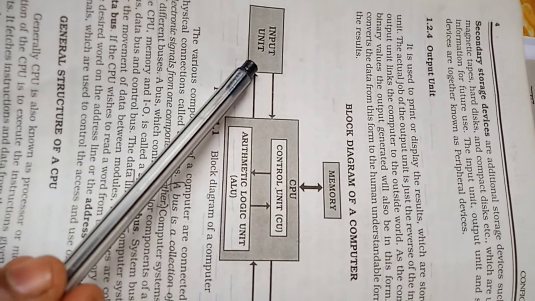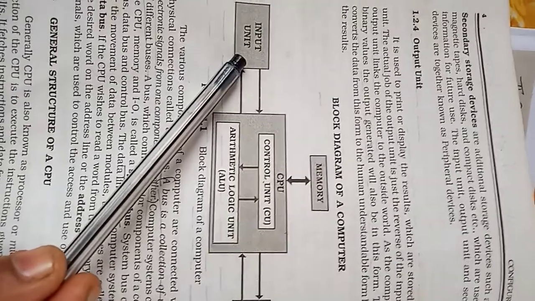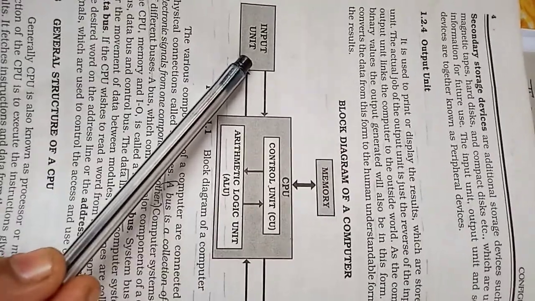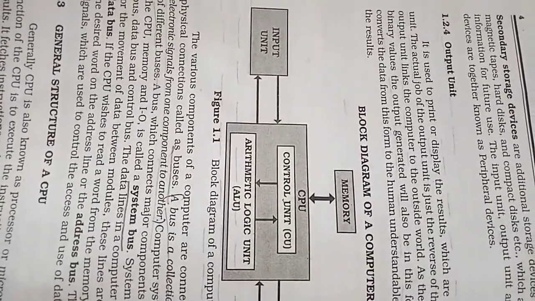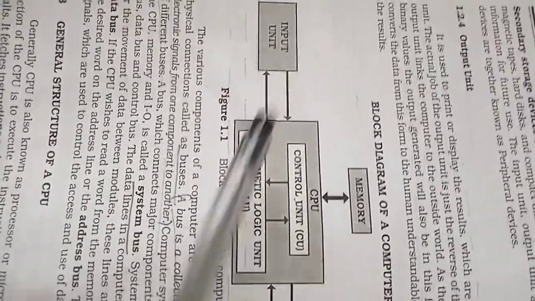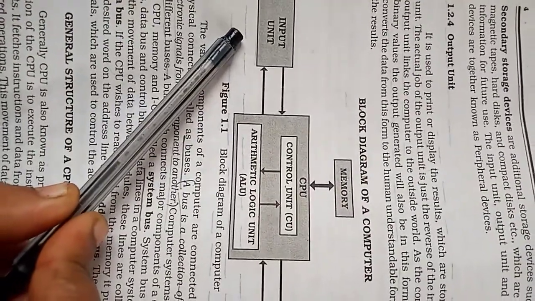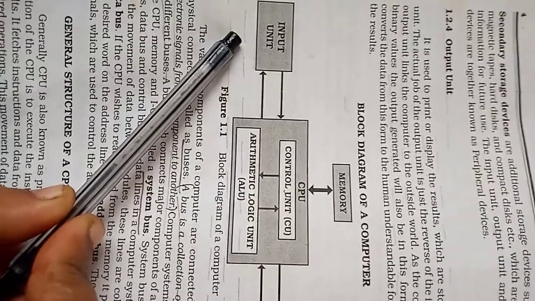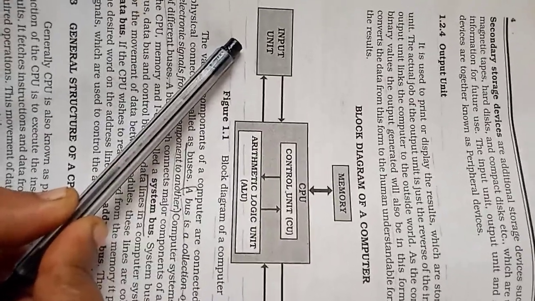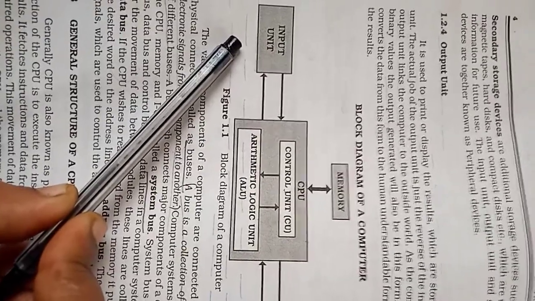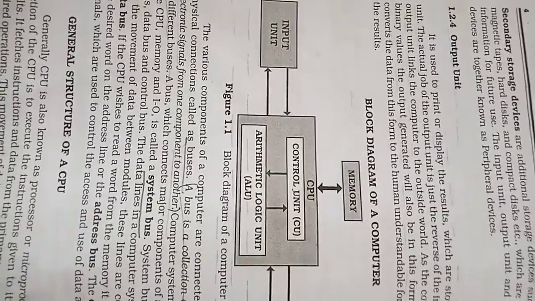A set of information which we send to the computer is called input. What is an input device then? The device which is used to send the information is called an input device. Examples of input devices are keyboard, mouse, scanner, joystick. By these we can send the information to the computer.